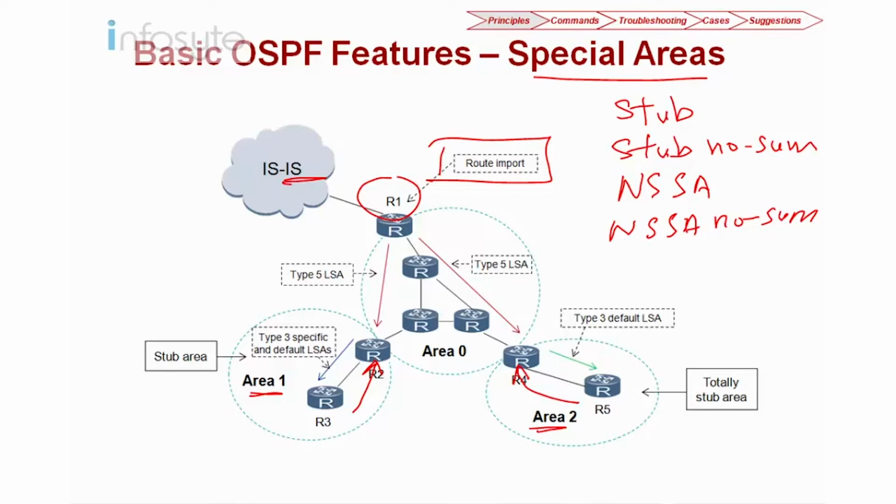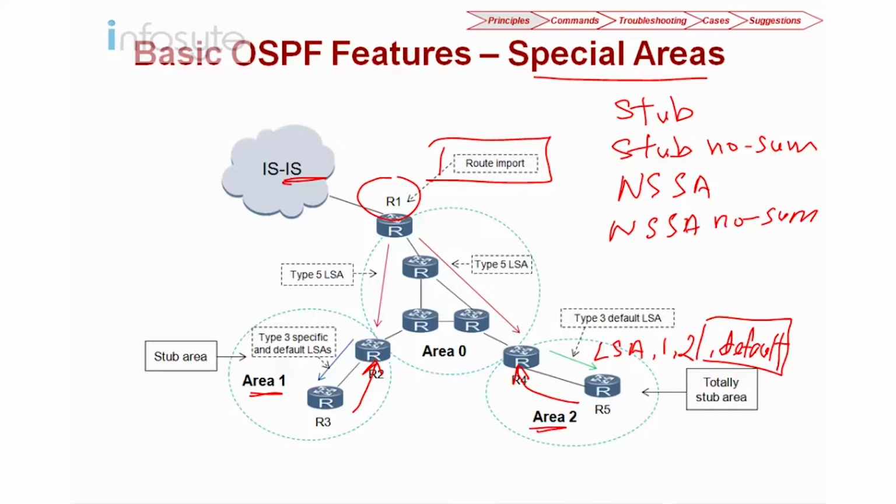But because R5 is in a totally stub area, I can only receive LSA type 1, type 2, and a default route. So for area 2 to go to R3, I need to go through a default route as well. When a totally stub area, they will just have LSA type 1 and type 2 and one default route pointing to the ABR routers.